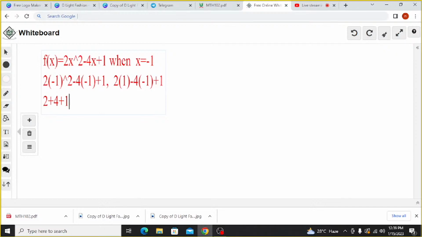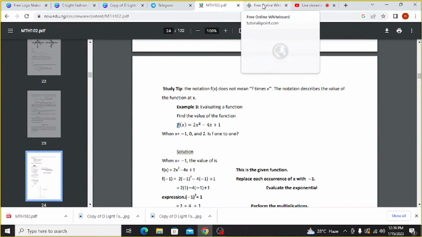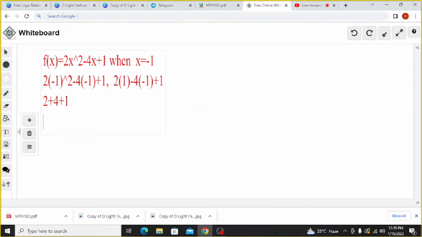So our f(x) is 2 plus 4 plus 1. 2 plus 4 is 6, plus 1 equal to 7.